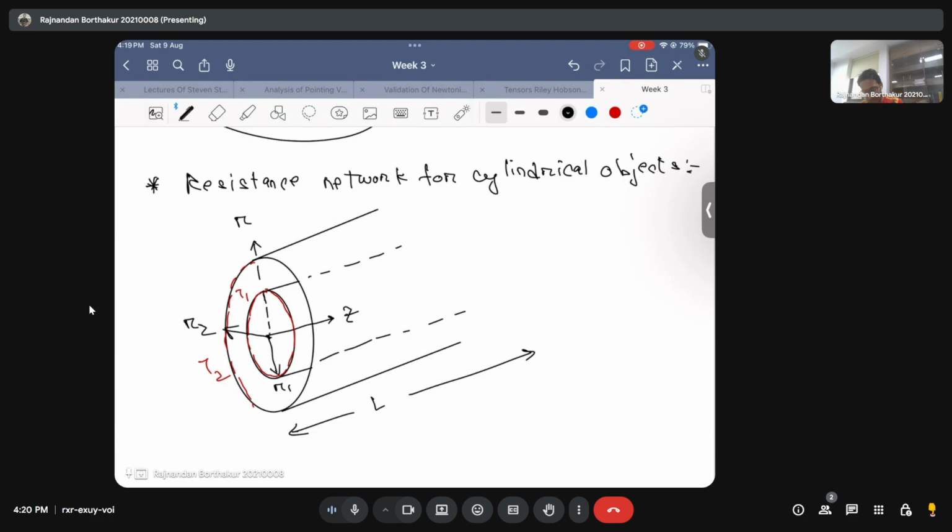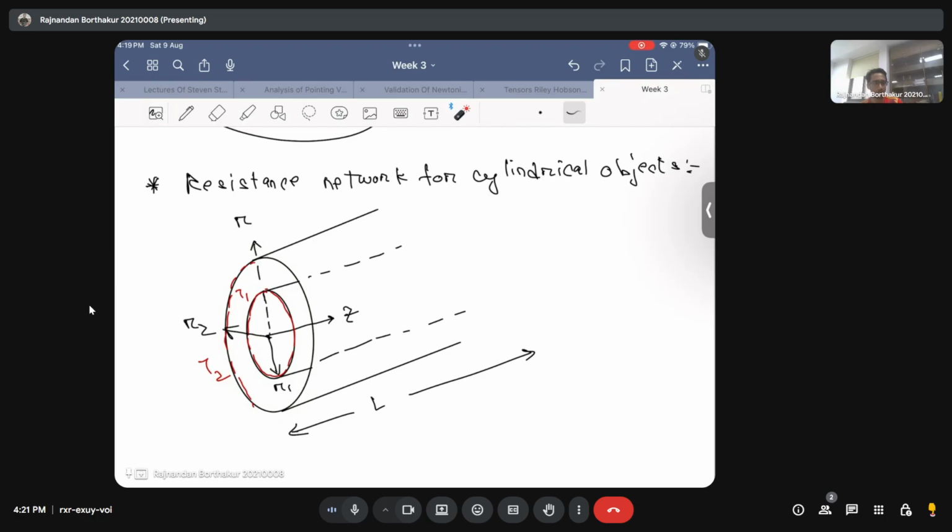Okay, and then in this context, if I ask you what is the rate of heat transfer due to conduction only that will take place from the inner surface of the cylinder maintained at temperature T1 to the outer surface of the cylinder that will be at temperature T2.